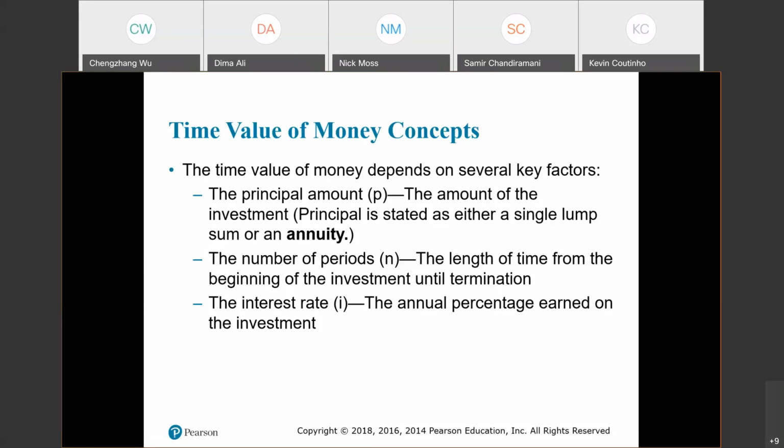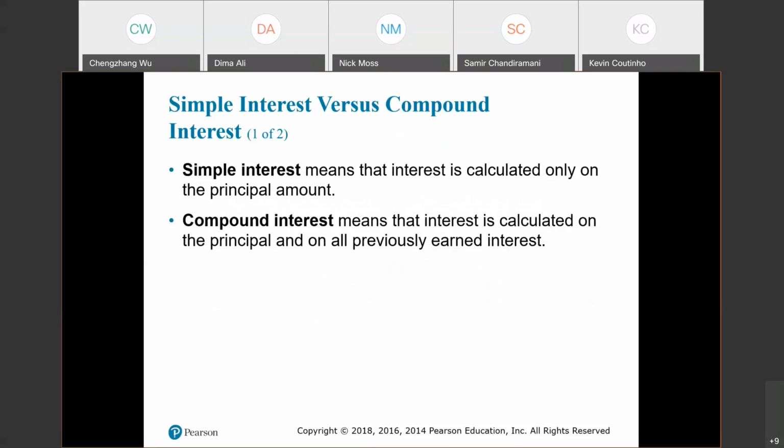Well, I just said that there are 2 methods to compute the interest: simple interest and compound interest. Simple interest means that the interest is calculated only on the principal amount, whereas compound interest means the interest is calculated on the principal and on all previously earned interest.